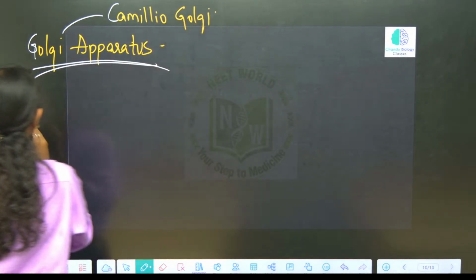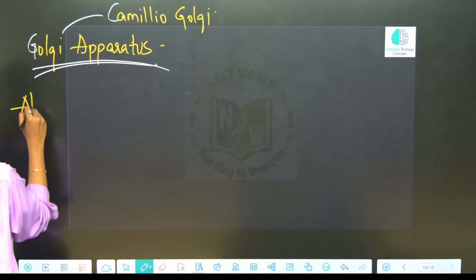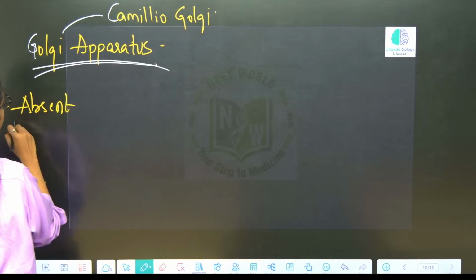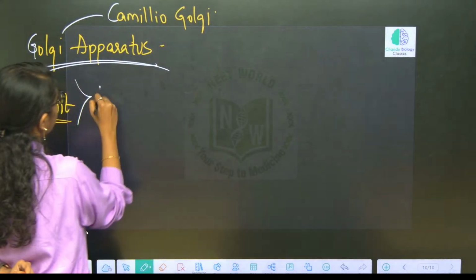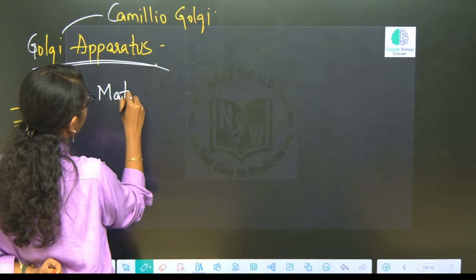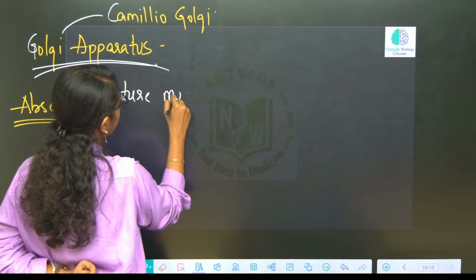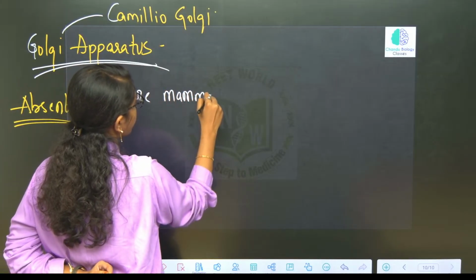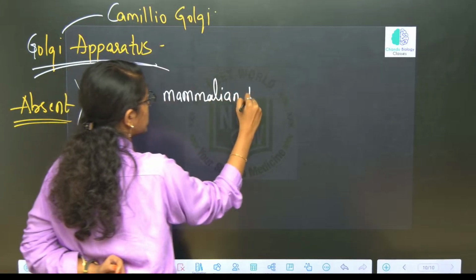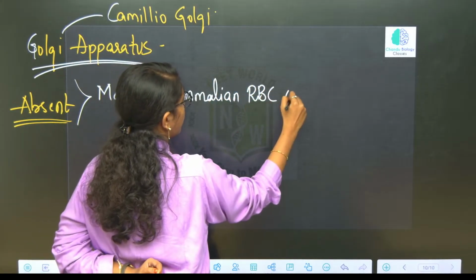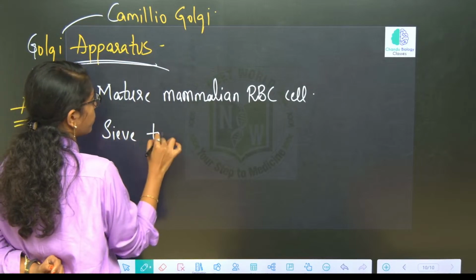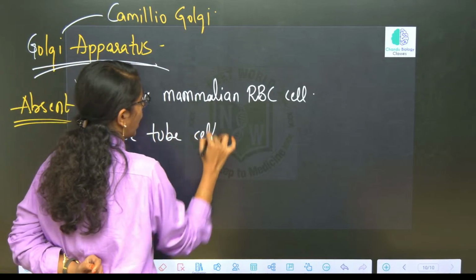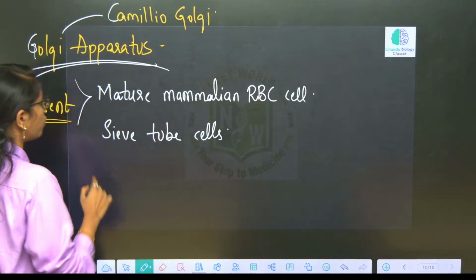They are absent in mature mammalian RBC, sieve tube cells and sperm cells of bryophytes and pteridophytes.